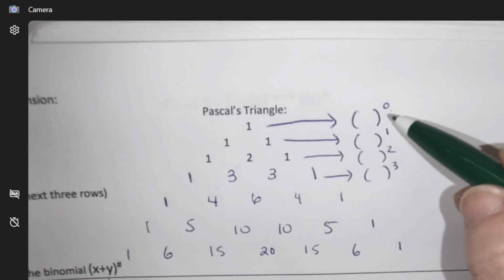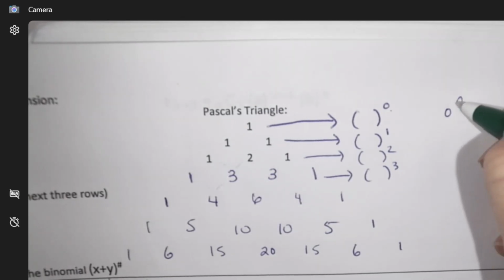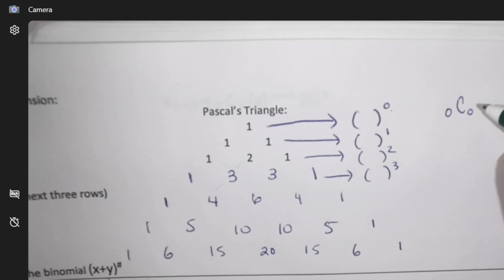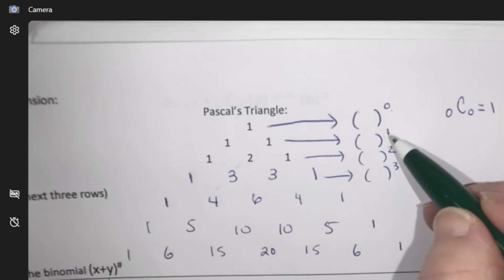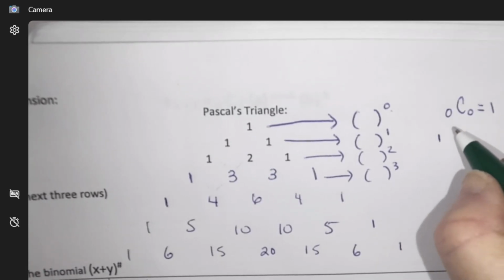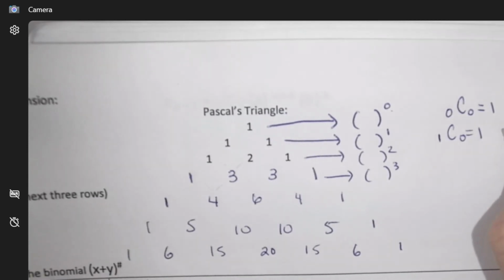Okay, so on this one, I have the exponent 0. And I'm going to choose 0, which is 1. On this one, it's an exponent 1, so I'm going to start with 1, choose 0, and 1, choose 1.